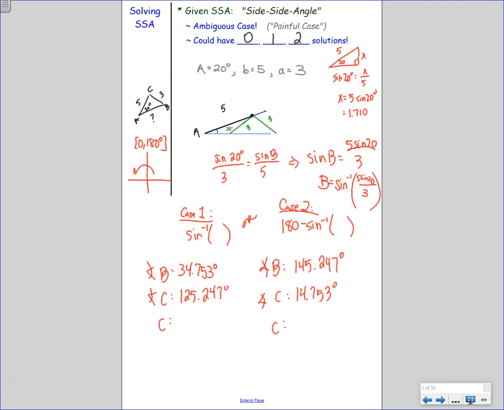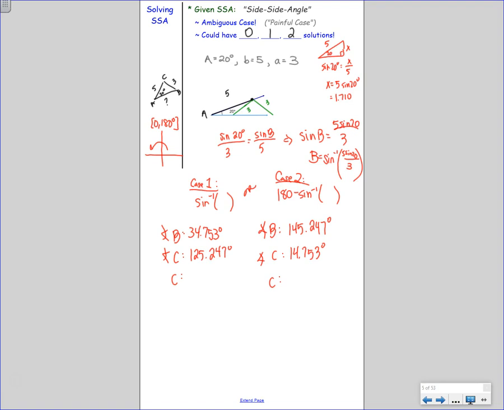Now, side C. How do you guys set up a formula in order to solve side C? Okay, 3 over, careful, sine 20, right? Using the most precise angle and side as possible, which we were given 20, we were given 3, so I wouldn't use the 34.753, that's rounded, that has error, equals, I don't know side C, over sine of 125.2474... What am I trying to prove to you?